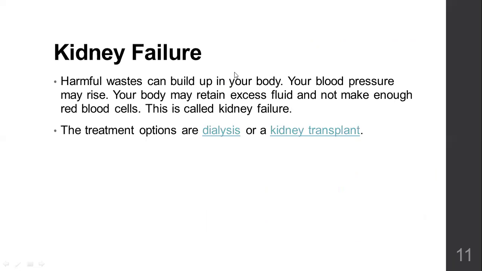Instead of suffering from a concentrated form of toxicity, the body wants to dilute the situation away. So the body will retain as much fluid as possible, and because of this water retention, enough blood cells will not be there to work with the diluted blood. So automatically your body goes into a state of anemia as well. So this is called kidney failure.